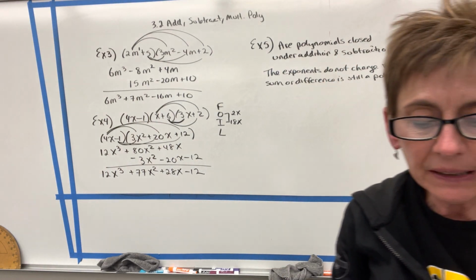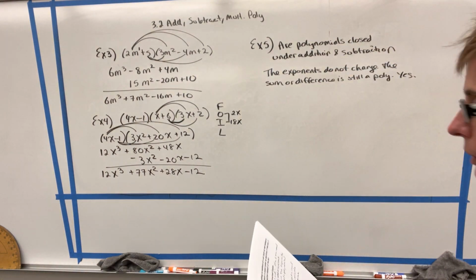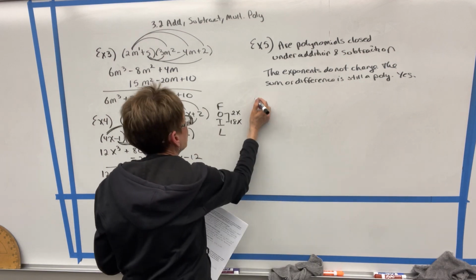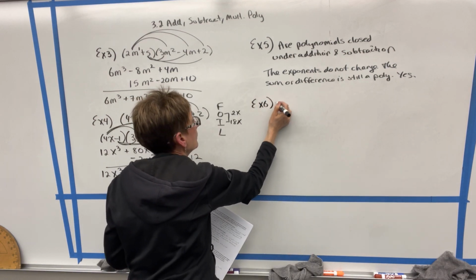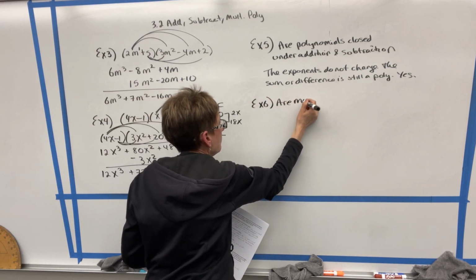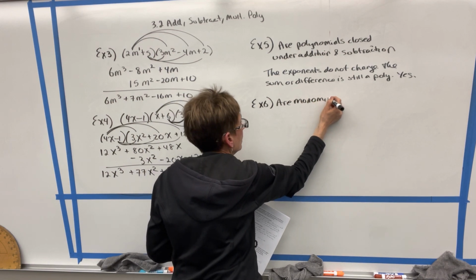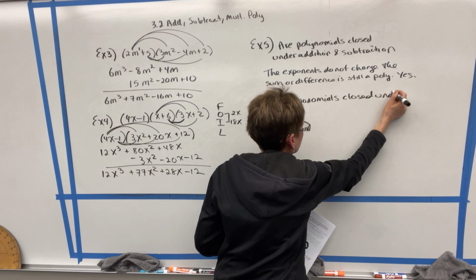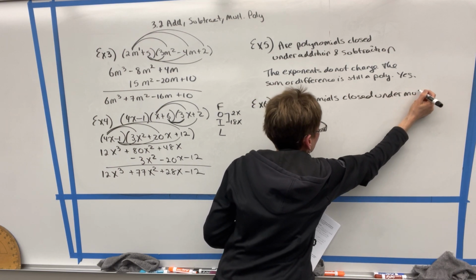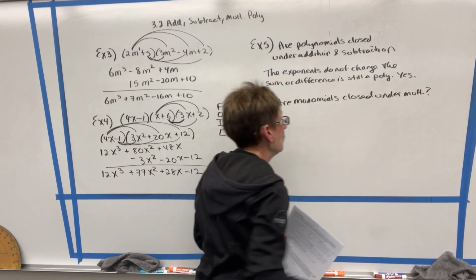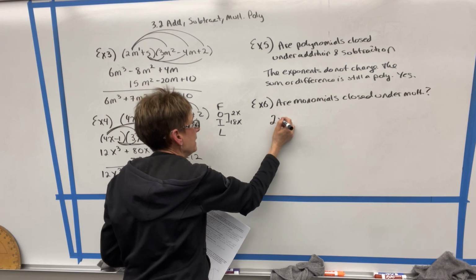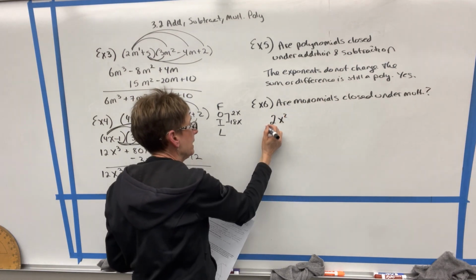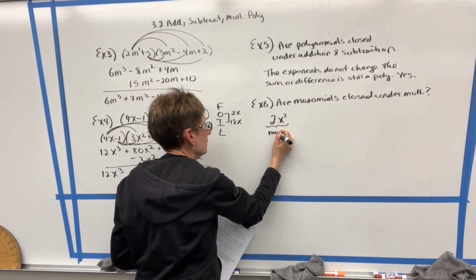All right. Is the set of monomials closed under multiplication? A monomial is one term. So for example, if I take 2x squared, that would be a monomial.